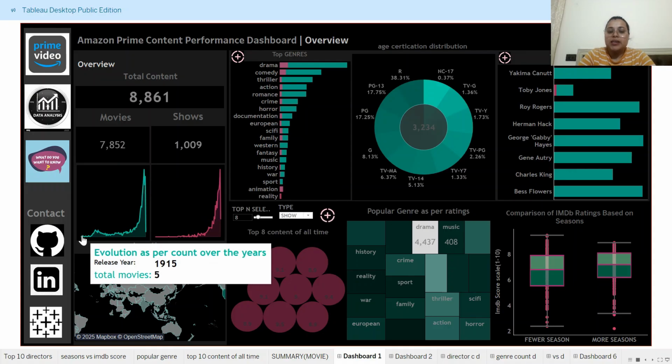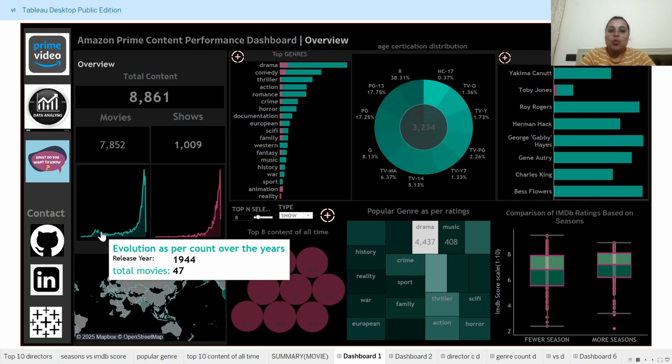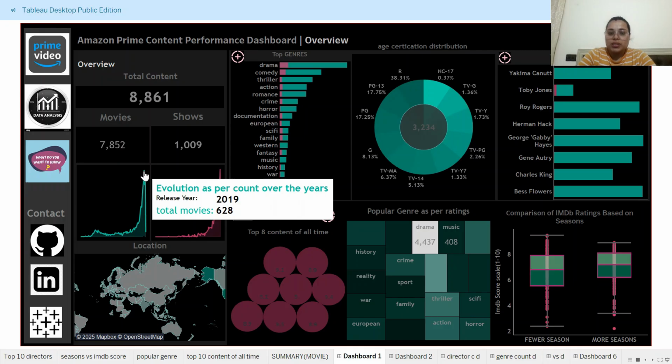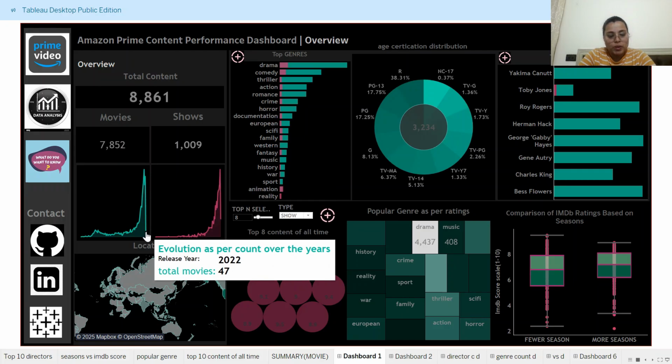If we talk about the movies, evolution as per count over the years, we can see that the movie count is growing with time. In 2019, we had 628 movie productions, but when we look at 2022, there is a drop in the count of movies, to a total of 47.